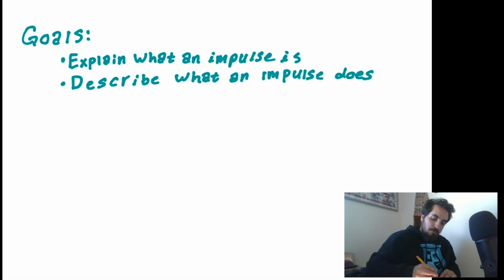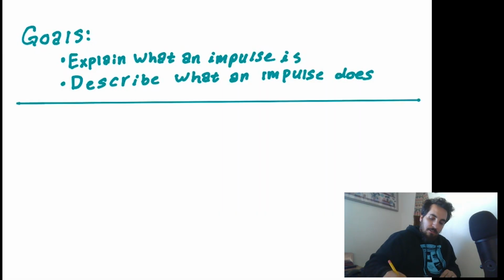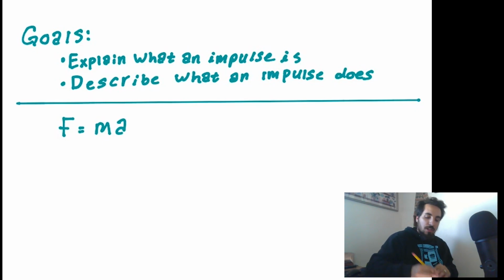Now, what does that mean physically? What that means physically relies on our already built understanding of how motion changes. We go back to Newton's second law, which tells us about how motion changes, and specifically that a force acting on an object changes the object's motion, and that change in motion is described by an acceleration.